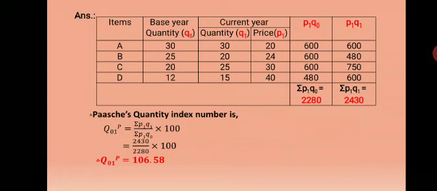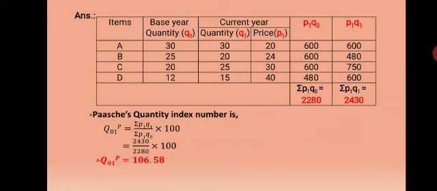In the solution, the base year quantity is denoted by Q0, the current year quantity by Q1 and the current year price by P1. According to the Paasche's quantity index number formula, we need to find P1 into Q0 and P1 into Q1.